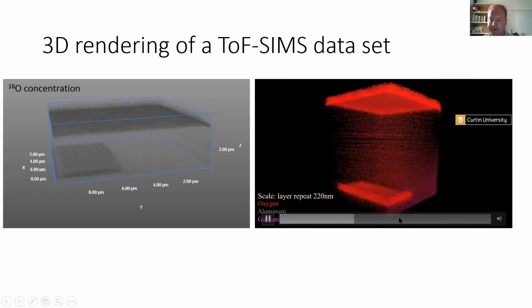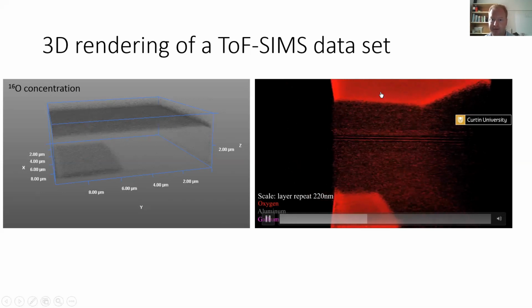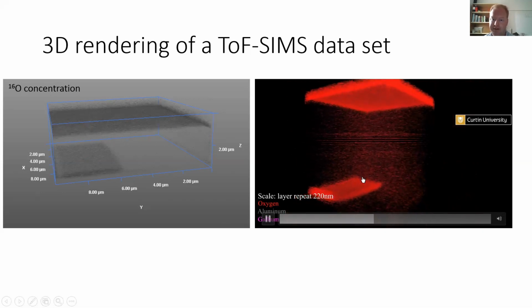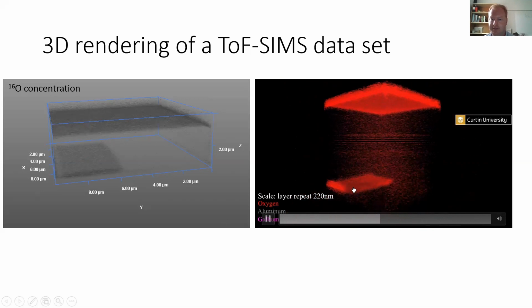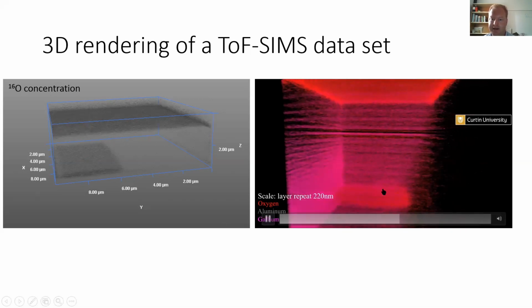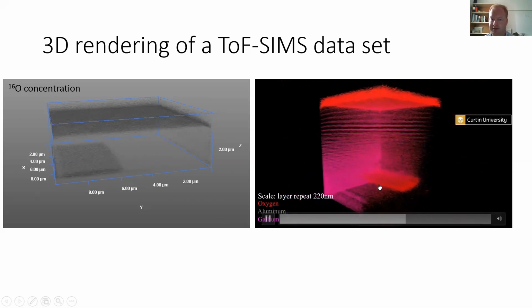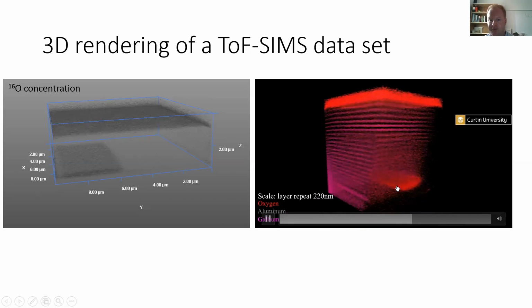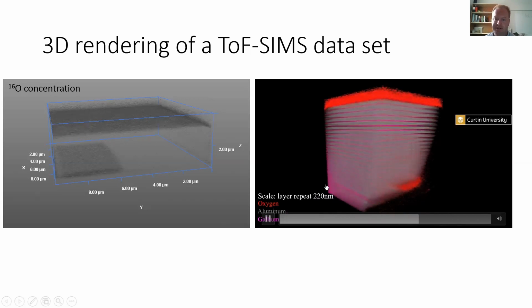In this case, it was done in Dristy, and you can see the oxide layer at the surface, which is a silicon oxide. There's a layered structure through, and then at certain depths we get the edge of this oxidization layer. And so this video is just sort of showing, turning on the various layers, and it can show at a certain depth we get this intrusion of oxygen, and we were interested in how far it intruded, what was the shape of the edge. So it's quite a nice 3D analysis.